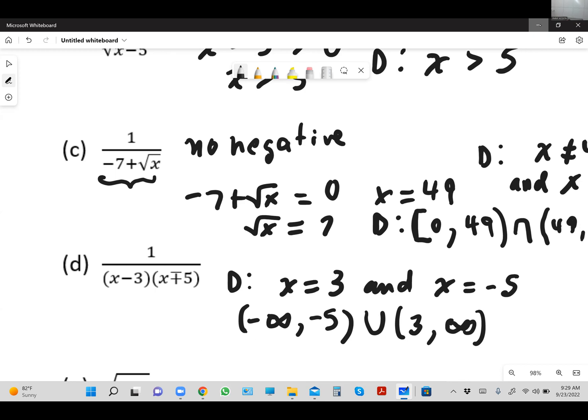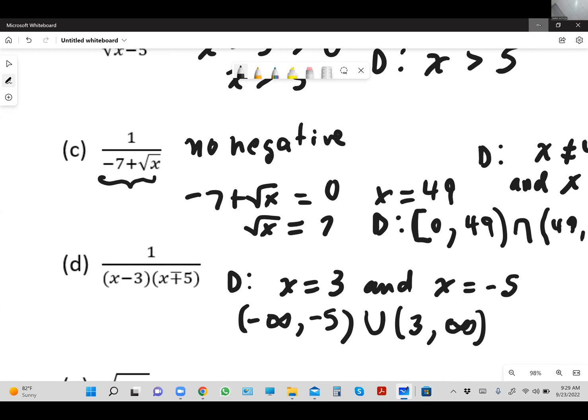I understood the first part, that it can't be 0, so it can't be 7 or whatever, but how did you get to the set notation? Okay, so let's talk about it. For C, can x be negative? You can't be negative. But could you be 0? Here for x, yes.